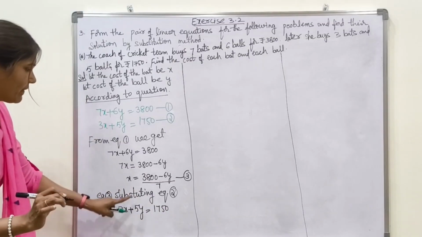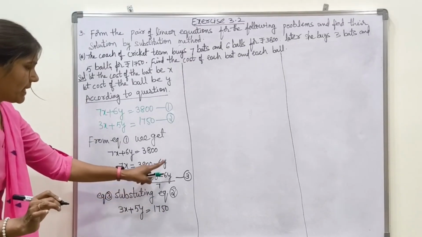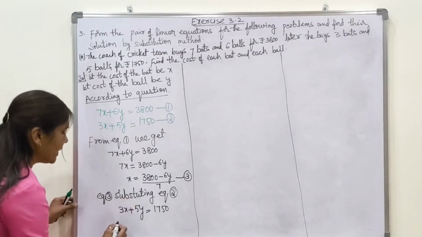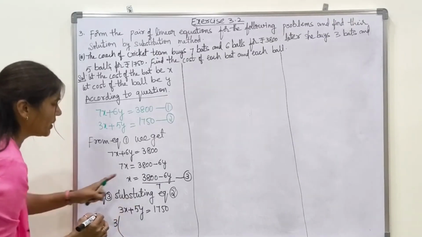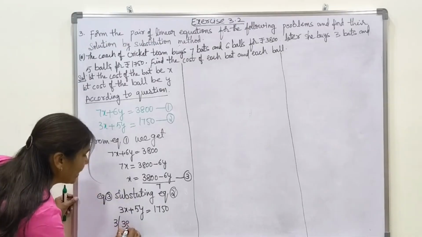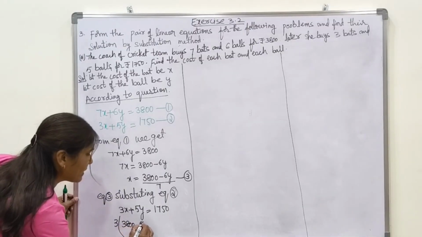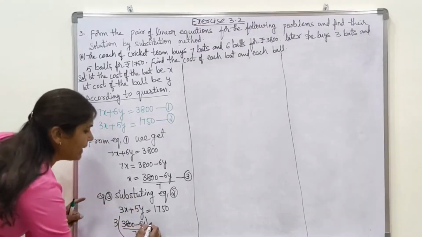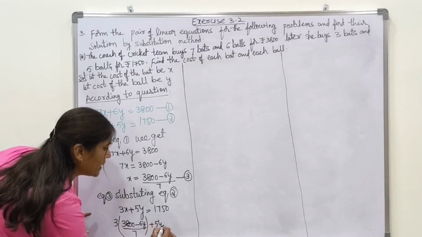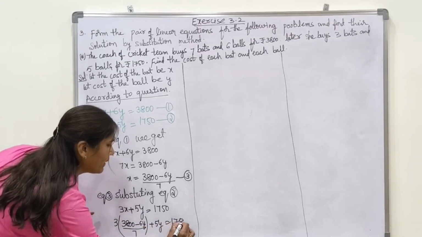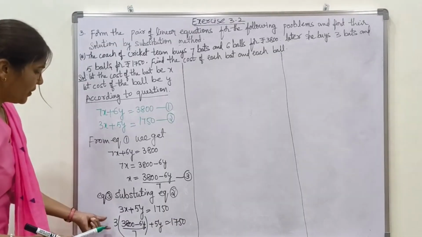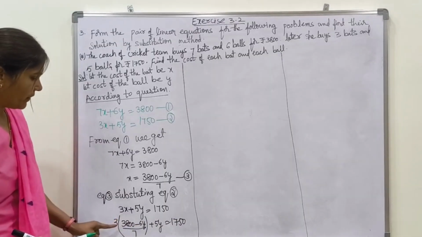So in place of x, what we will substitute? 3,800 minus 6y divided by 7. So here I am substituting 3 into the bracket of 3,800 minus 6y divided by 7, bracket close. Next you write plus 5y is equal to 1,750. See, is there any cancel? No cancel. No cancel means we will do 3 into this fully.